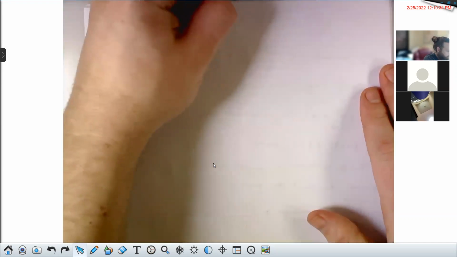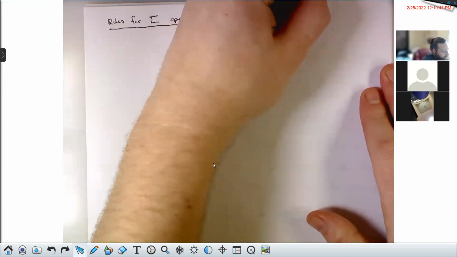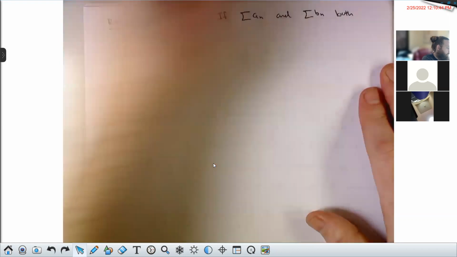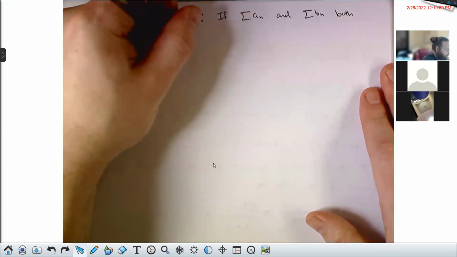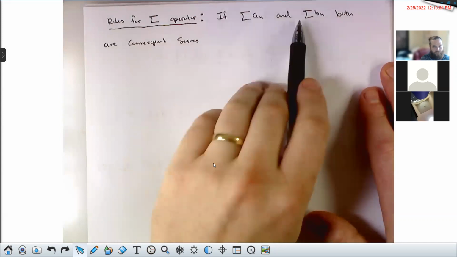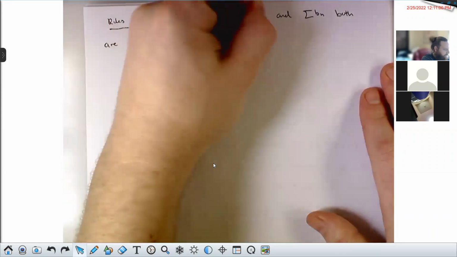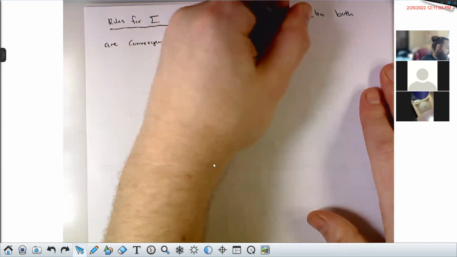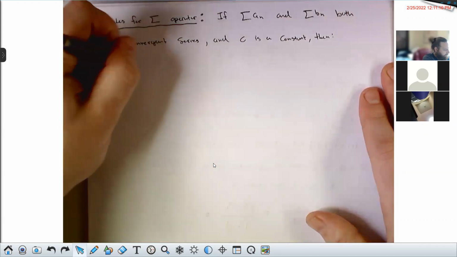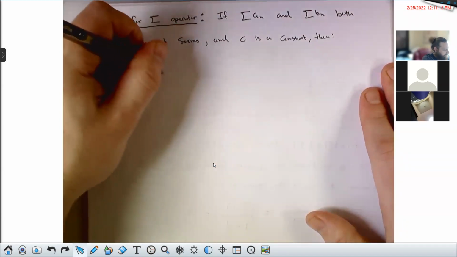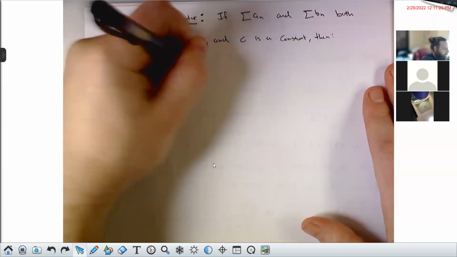If sigma an and sigma bn both are convergent series, and it's understood here that these start at the same value and go up to infinity, and C is a constant, then sigma of C times an, constant inside, just like with an integral, constant multiples can pop out.